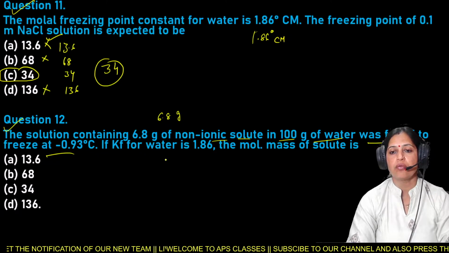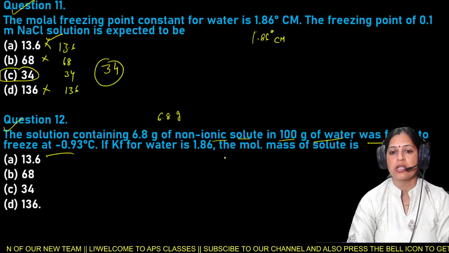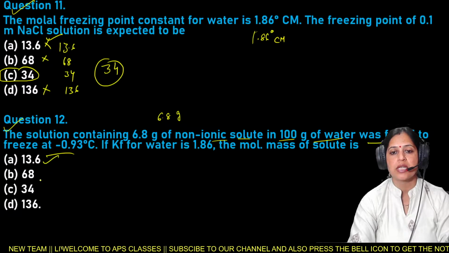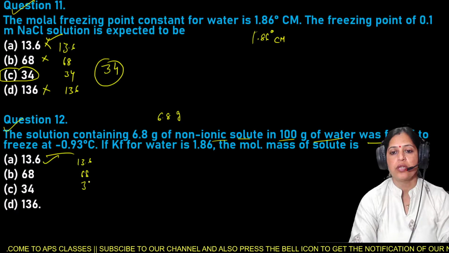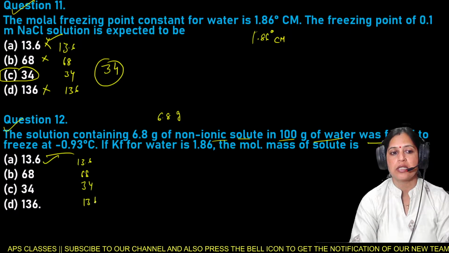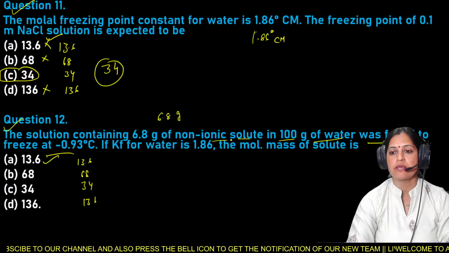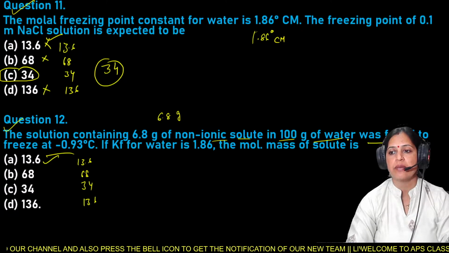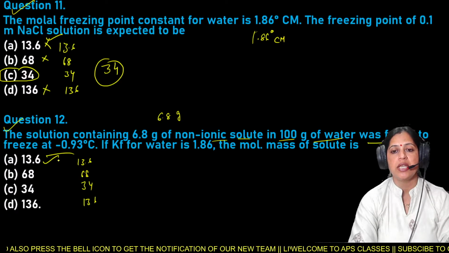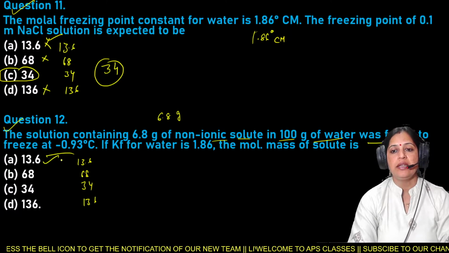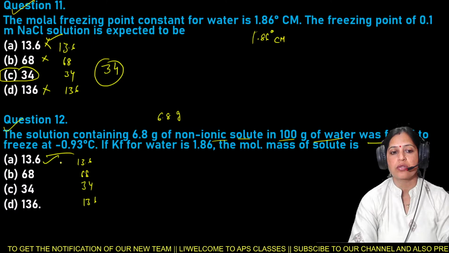If Kf for water is 1.86, then the molar mass of the solute is 13.6, 68, 34, or 136.